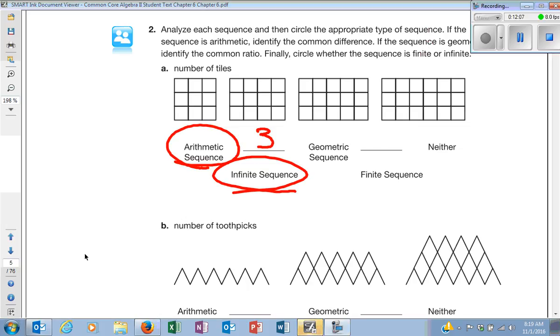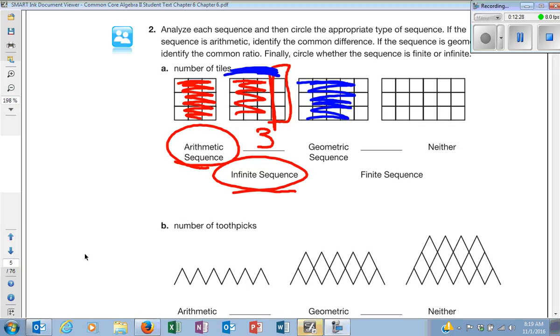Do you see this is my starting one? Yes? And I added what to it? Okay? Now, do you see this is my second term right here? We'll do this in blue. This is my second one. That's this whole thing right here. How much did I add to it?